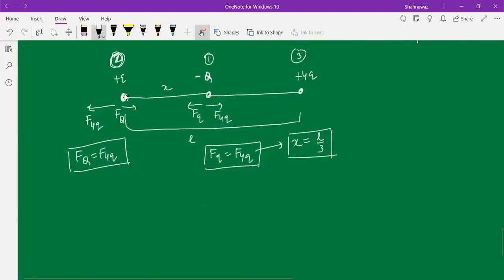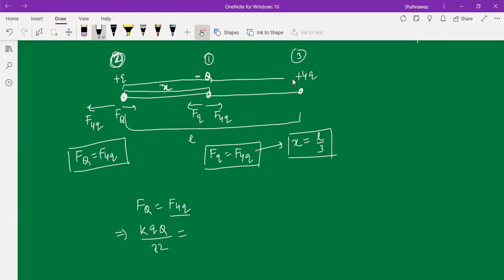So FQ is how much? The separation is X, and the charges are Q and minus Q. So FQ would be KQ by X square. And F4Q is how much? The separation is L, so L square, and the charges are K, Q, and 4Q.